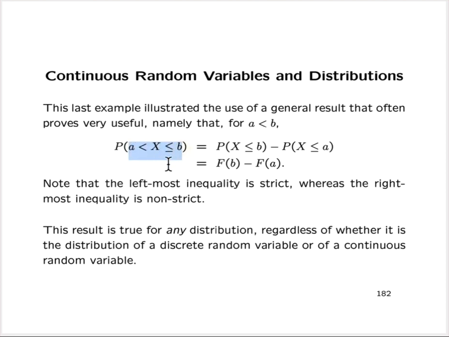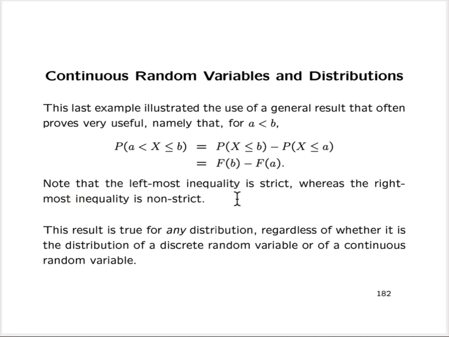So let me point out something very important here. We need to look at the inequalities here and pay very careful attention to them. So again, what we have here is the probability that X is strictly greater than A and less than or equal to B, and this is equal to the difference between the CDF values: the CDF evaluated at the upper endpoint minus the CDF evaluated at the lower endpoint.